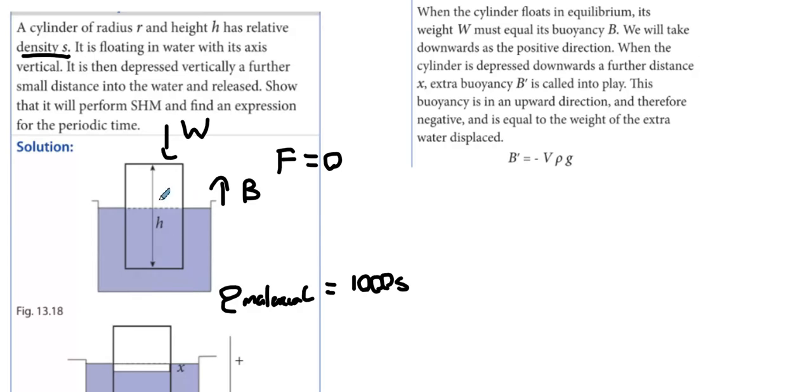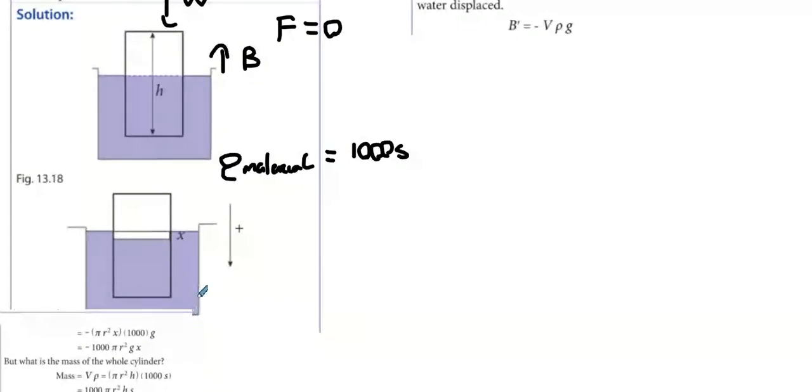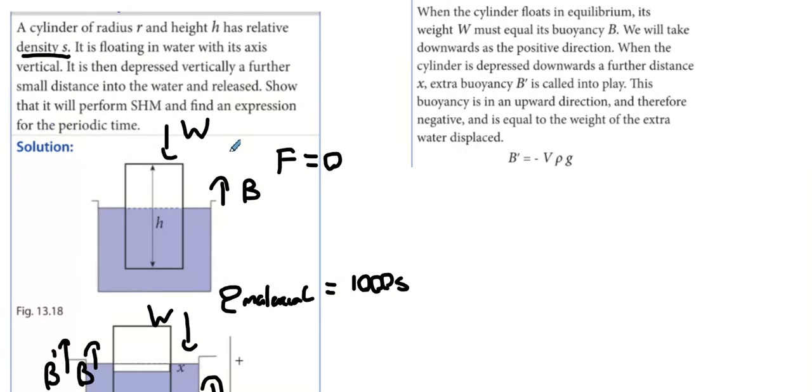But when you push the cylinder further underwater, its buoyancy force becomes larger. So you have the original buoyancy force, but also an extra buoyancy force P dash battling your weight. So when you release this system, it should bob back upwards. That's what we're looking at so far.